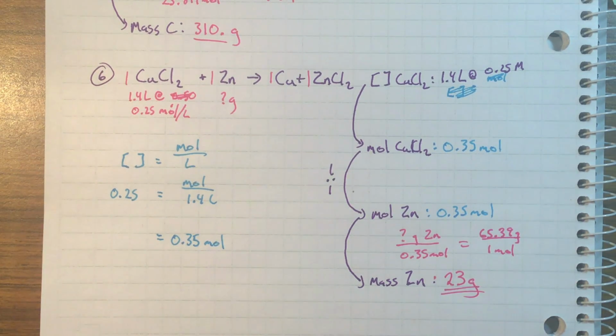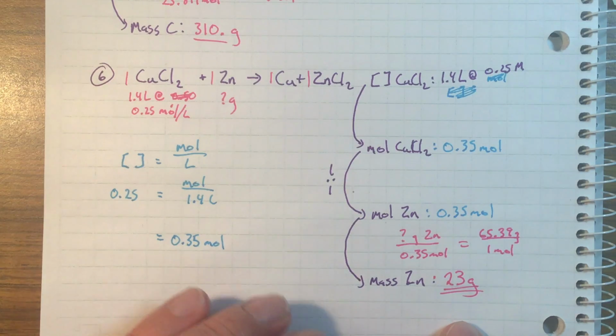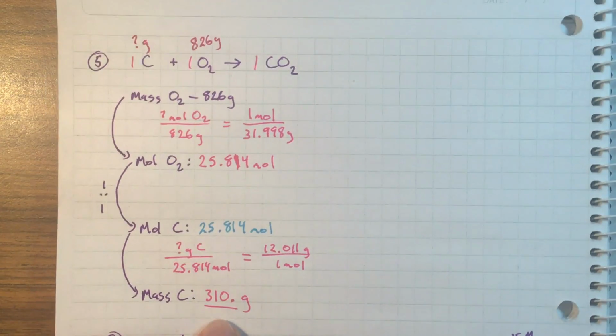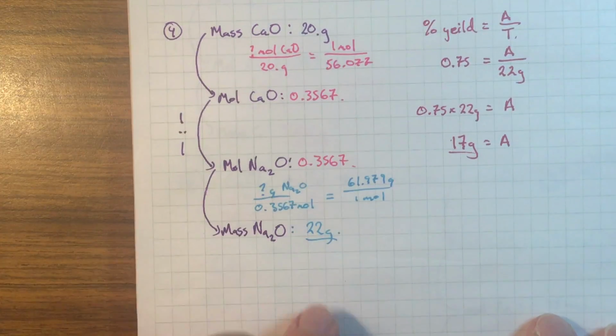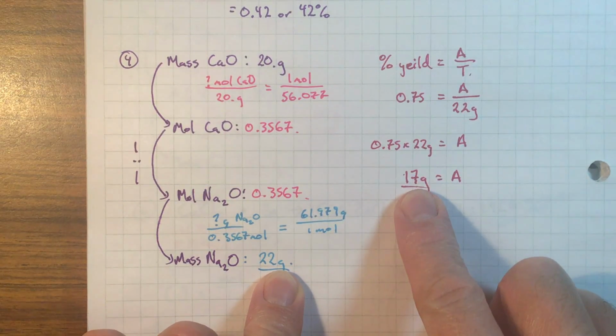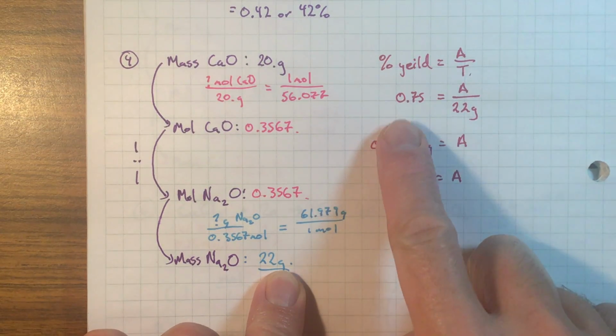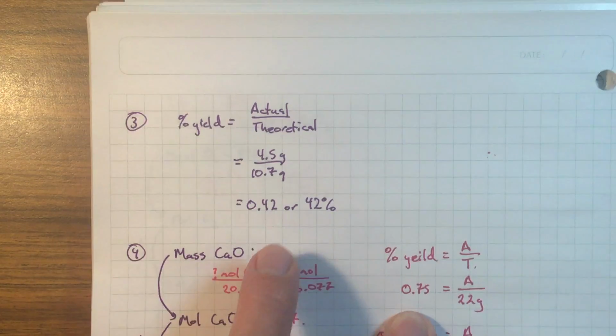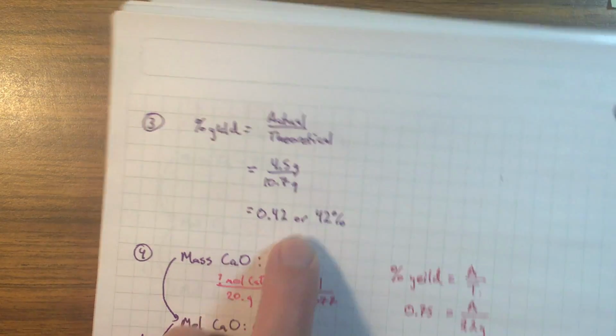All right, so there's all the answers. The answer to 6 is 23 grams. The answer to 5 is 310 grams. Let's go back. Let's look at the answer to 4. The answer to 4 is 22 grams theoretical, and then 17 grams of actual, giving a 75% yield. 3, 42% yield.